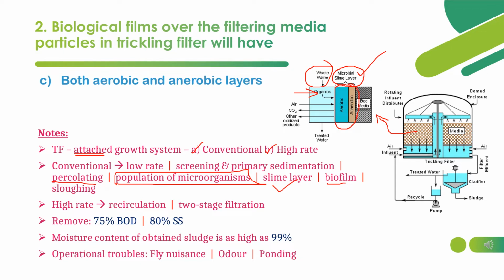So these two layers are collectively called the microbial slime layer, and from the wastewater the organics will be consumed by microorganisms. That's why aerobic and anaerobic layers are stuck onto the bed media. So trickling filter is an attached growth system, because the slime layer is attached to bed media.